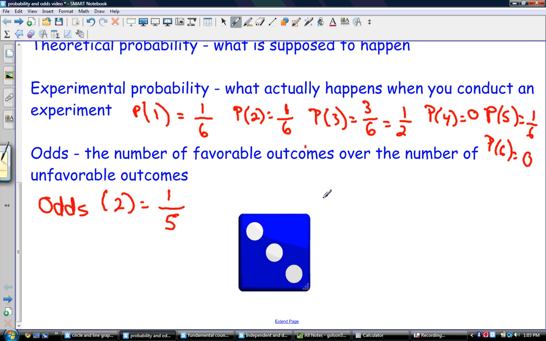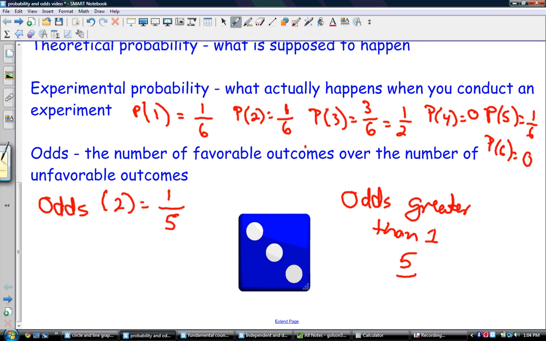Okay? If I wanted the odds of rolling a number greater than 1, then I have 5 numbers on a die that are greater than 1. So my favorable outcomes, I'd have 5 of them.